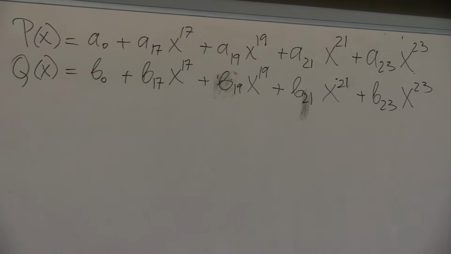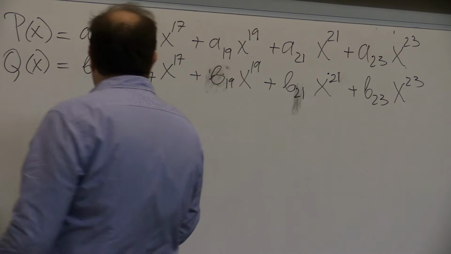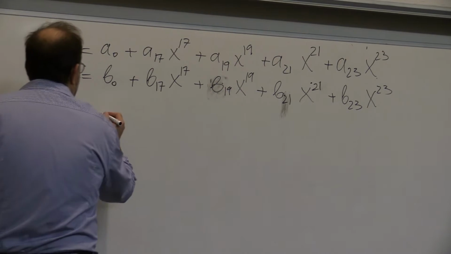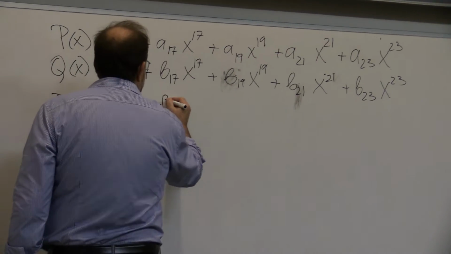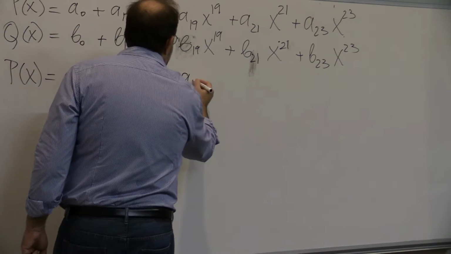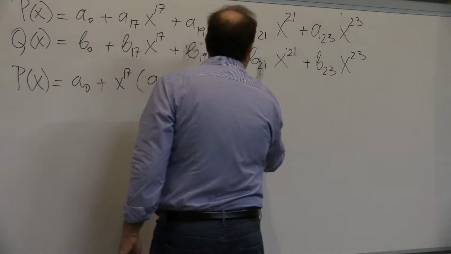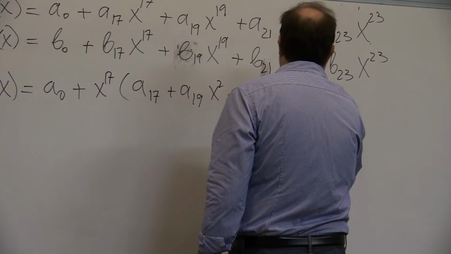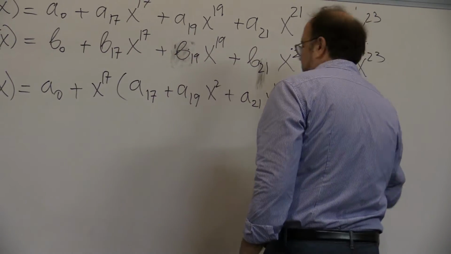12 only. Right? So the easiest way of doing it with 16 multiplications, we simply write p of x as a0 plus x to the 17 power times a17 plus a19 x squared plus a21 x to the 4th plus a23 x to the 6th, right?